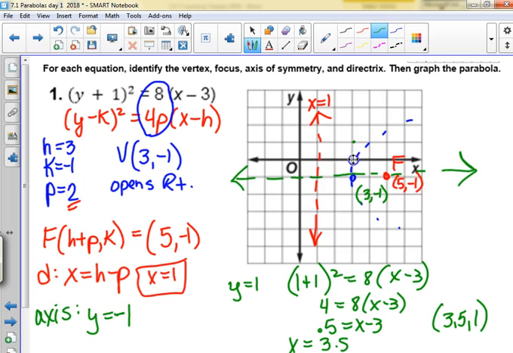So (3.5, 1). There's a point. Could we find another one right away then? There's symmetry, right? So now I have 3 points to show that my parabola is fairly flat or open, whatever you want to say. It's not narrow, right?